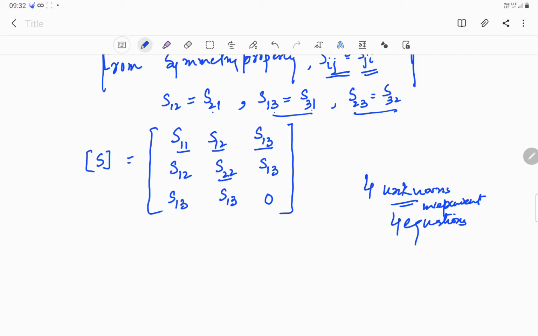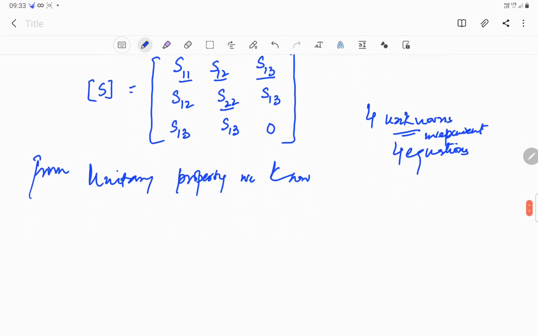Now, from another property, the unitary property, we know that S into S conjugate is a unit matrix. That's for a lossless, non-resistive network. The product of the S matrix with its conjugate is a unit matrix.